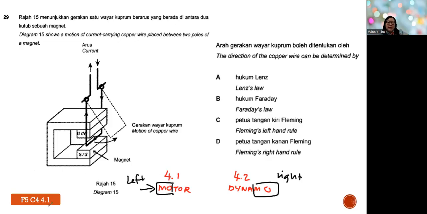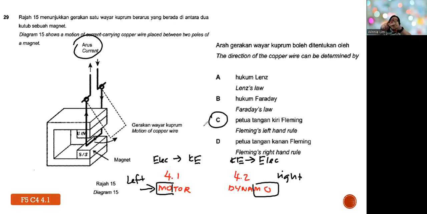Since this is under 4.1, because you got current, right? Because the motor applies electric current to kinetic energy, but the dynamo is vice versa. You have kinetic, then you produce electrical, correct? So that's why we are using Fleming's left hand rule, okay?